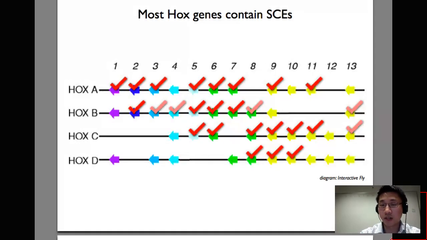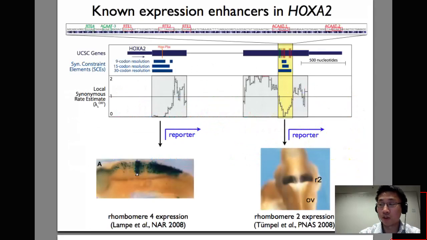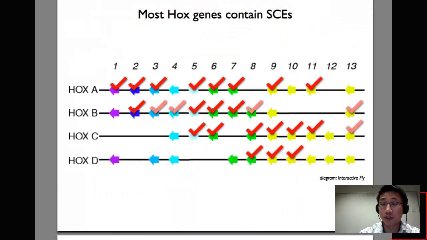So we're not the first to make this observation, but we now have genome-wide results, and of course the HOX genes are just a subset of that. There's exciting work going on, some by collaborators of ours, to investigate a lot more of these and see whether more of them show this sort of expression enhancer activity, or whether something totally different is going on with these HOX genes. Potentially very exciting, given how important these HOX genes are to animal development.